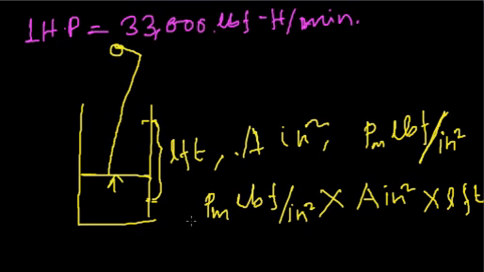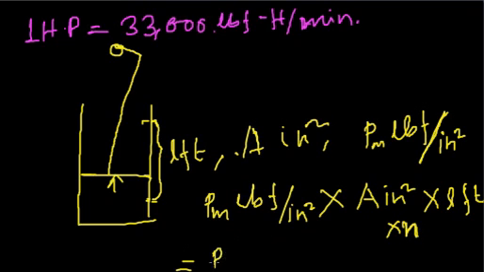So if this much work is done per power stroke, and if we say that per unit time n power strokes are there in our engine, then per minute the work done will be into n, isn't it?